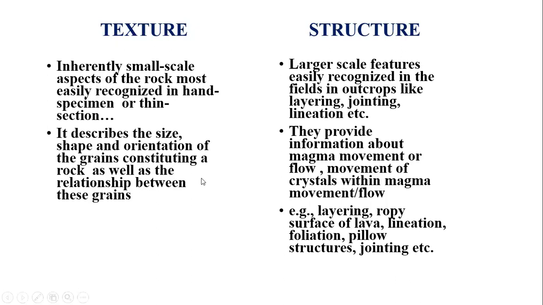On the other hand, structures provide information about magma movement or flow. They tell about the large-scale movement of the magma, as well as the crystal movement within the magma flow.